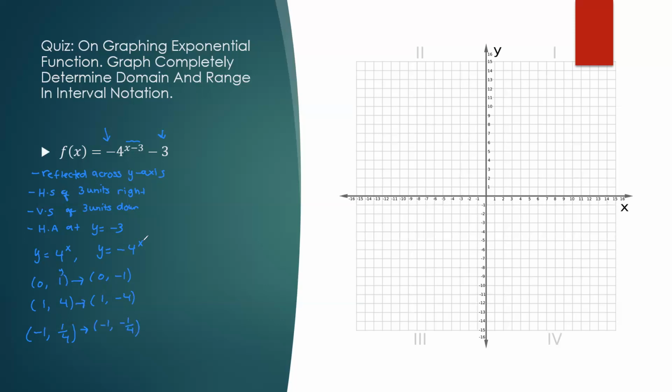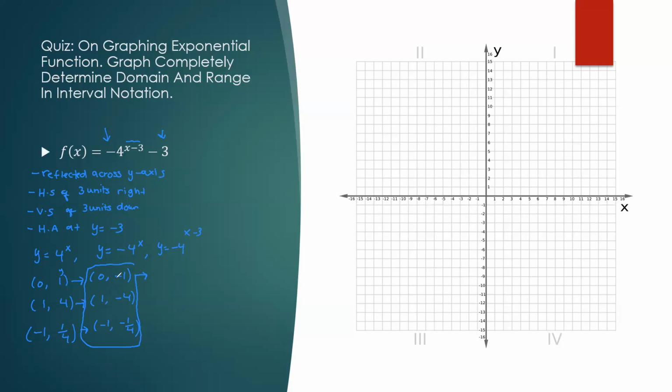The next one I'm going to do is with the horizontal shift. So it's y equals -4^(x-3). This is a horizontal shift of 3 units to the right. So you always work from the previous coordinates. I'm going to add 3 on the x value.